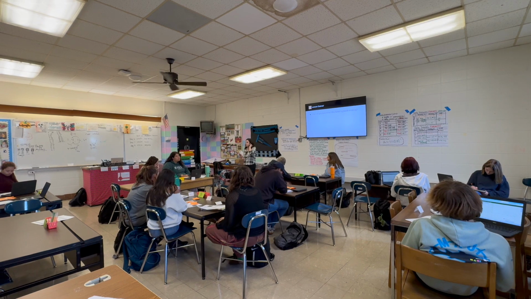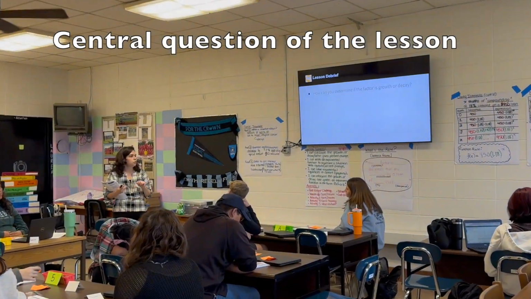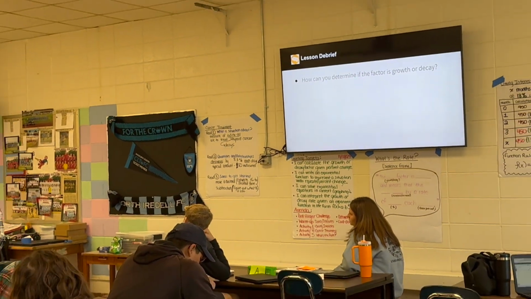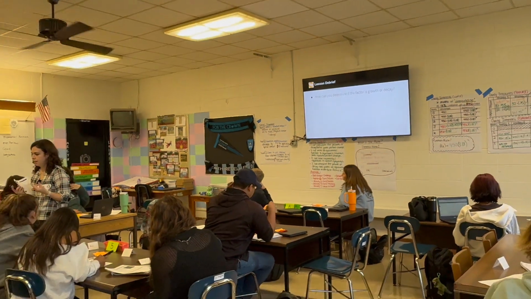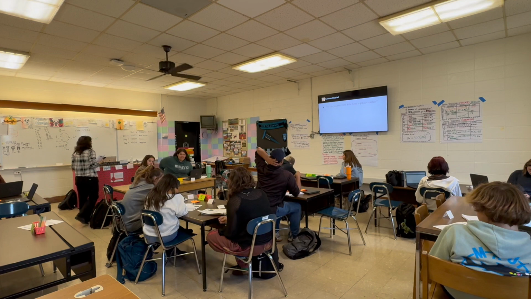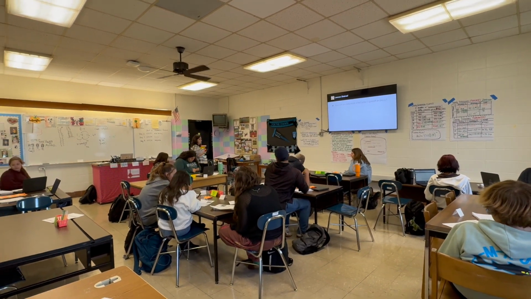As I was walking around, this was a central question. How do you know if it's growth or decay? Take about 20 seconds, think to yourself. Then I'm gonna call on somebody to explain that to me. How do you know if your factor is a growth or decay factor?